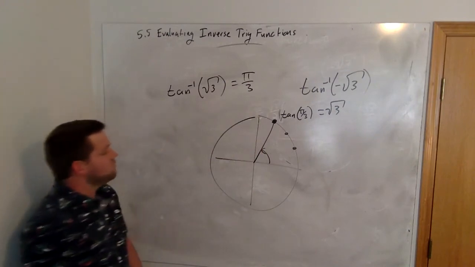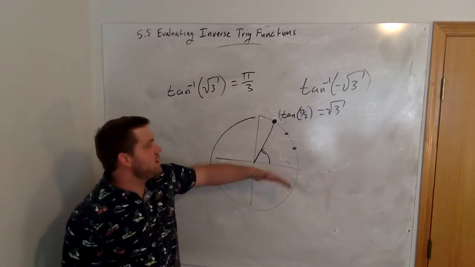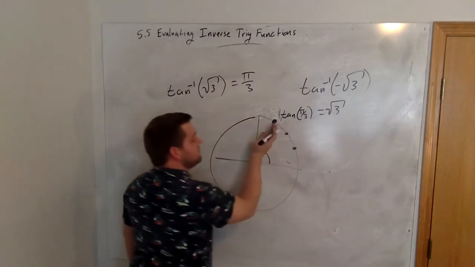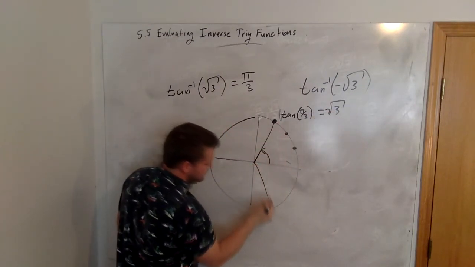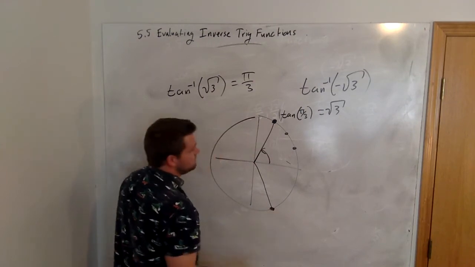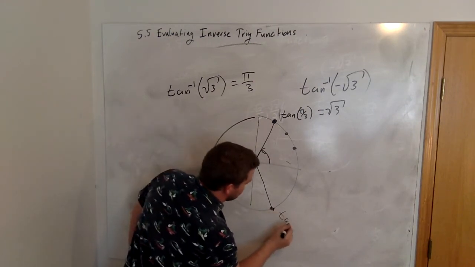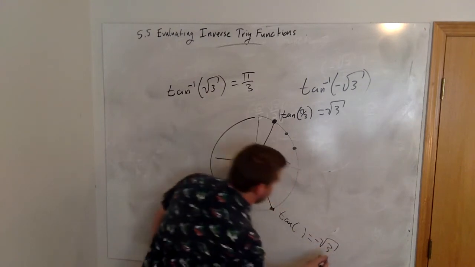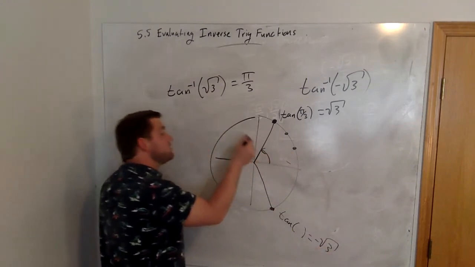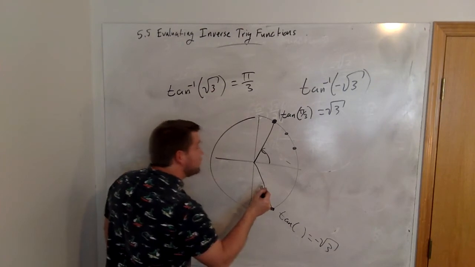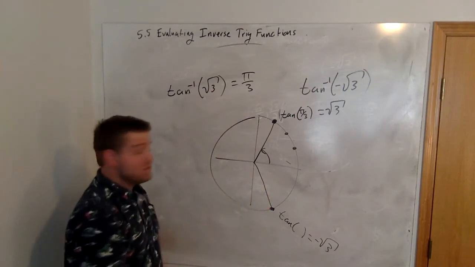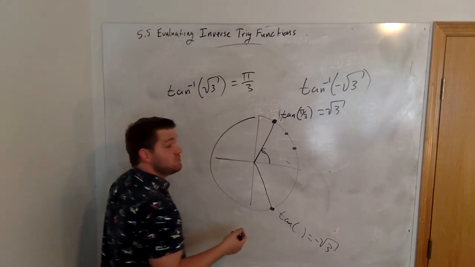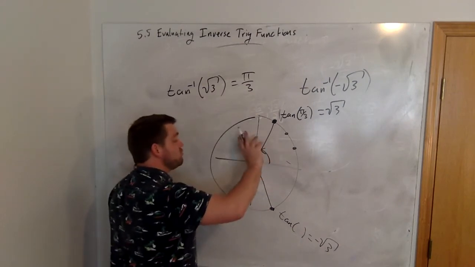Remember that tan inverse only spits out angles between negative pi over 2 and pi over 2. So this is going to be helpful for this version here. I want this slope, but I just want the negative slope. So that's going to be this spot right here, where tangent is equal to negative root 3. So you don't want to report this larger angle. The way tan inverse was built, or the way mathematicians decided to build it, is tan inverse is going to spit out the angle between negative pi over 2 and pi over 2.